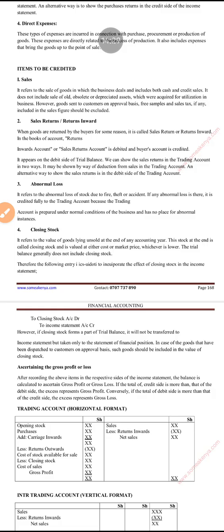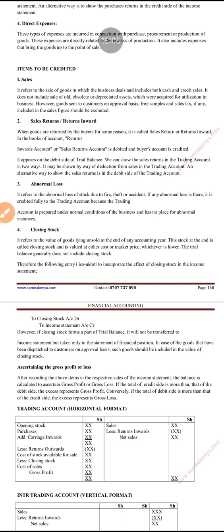So we don't combine the sales of fixed asset together with the sales of stock, because in the income statement, what we need to account as sales is the sales of normal or ordinary stock of the business. But when you sell an asset like furniture, computer, or motor vehicle, only what we recognize is the gain on disposal or loss on disposal, but we don't bring the sales proceeds together with the sales of normal stock.